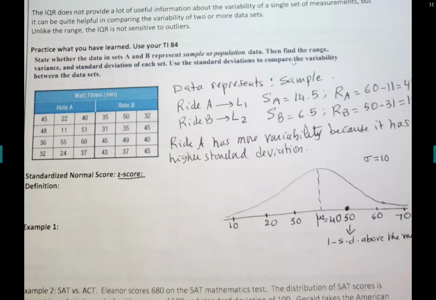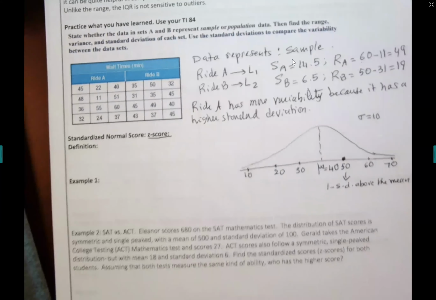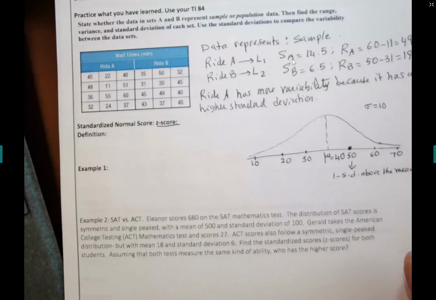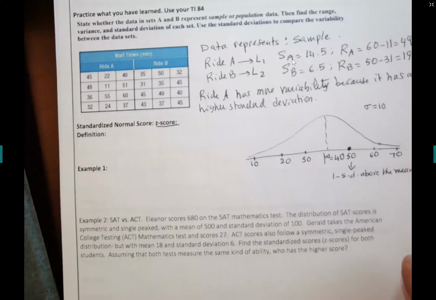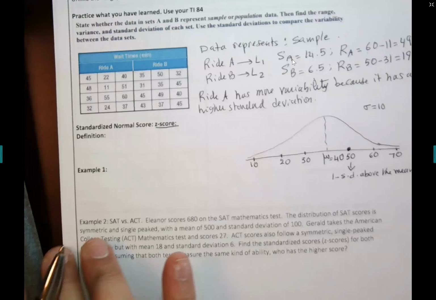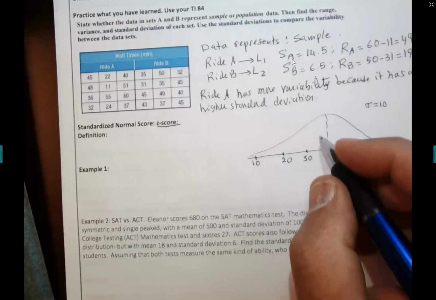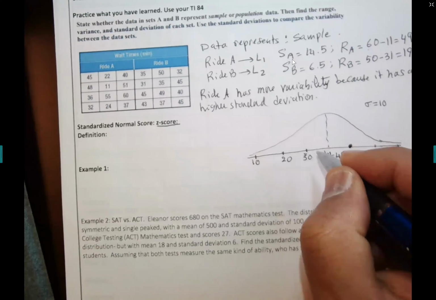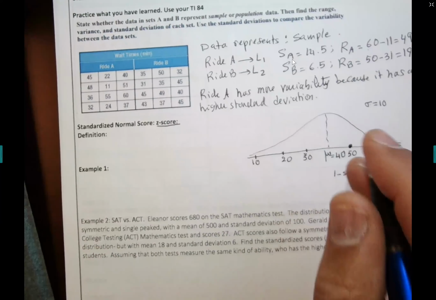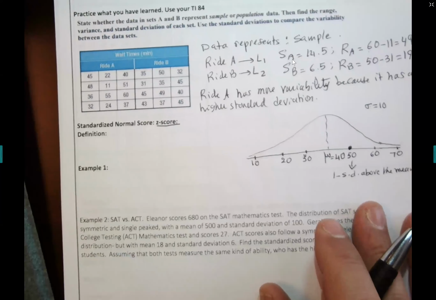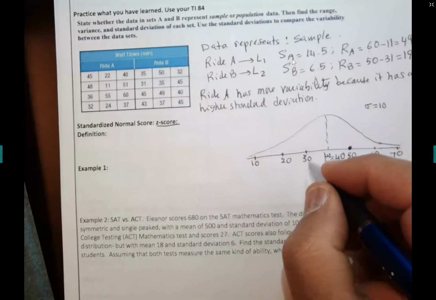Because the difference between 40 and 50 is 10, which is one standard deviation. Let's take 30. What's the difference between 30 and 40? It's 10. But remember, this is a 10 not above the mean, it's a 10 below the mean. We know one standard deviation is worth 10, so this is one standard deviation below the mean.